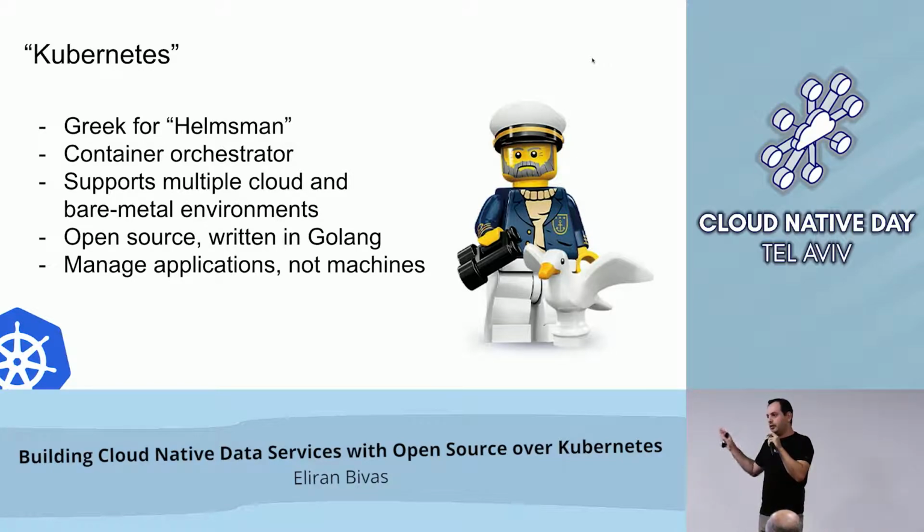Everything that the cloud native movement believes in sits in the Kubernetes guidelines. And we wanted to manage data services. We didn't want to manage our host platform or how a specific container is running. We wanted to manage a system as a whole. And when you choose Kubernetes, this is basically the only way to go.